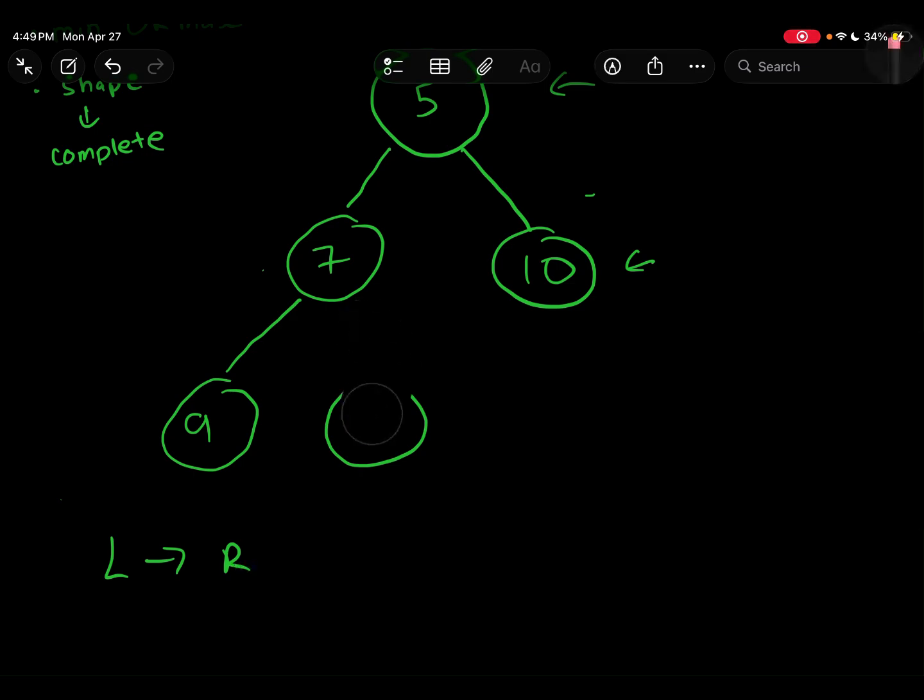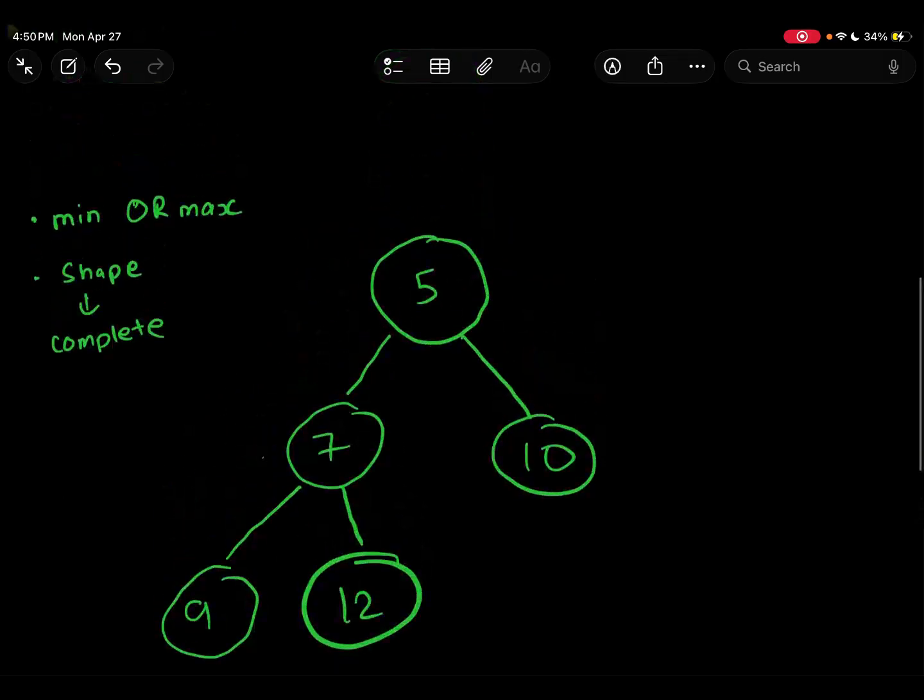So if this tree were to be like this, let's do 12, this won't be a valid min heap, okay? Because it's not complete. So that's the whole idea. So let's do 12. So this is a valid min heap, right? So we have covered what makes a tree a valid or invalid heap, okay?